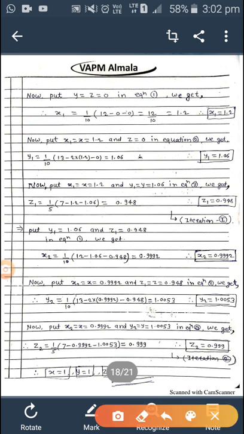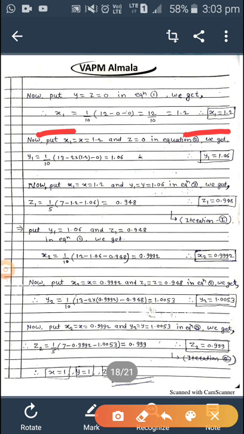When we put y = 0 and z = 0 in equation number 1, we get x1 = 1.2.